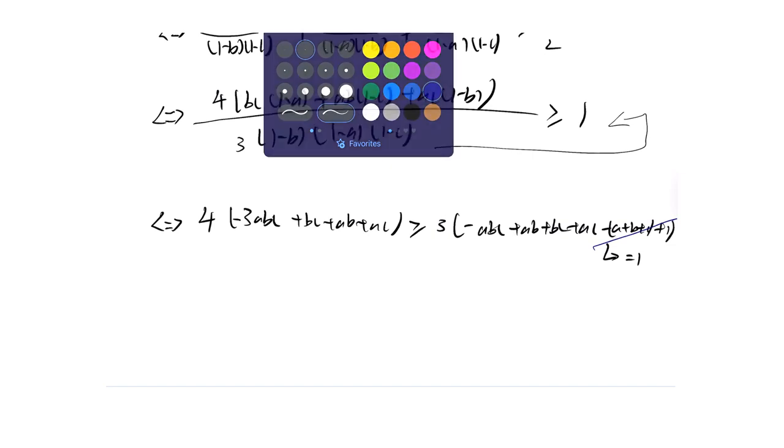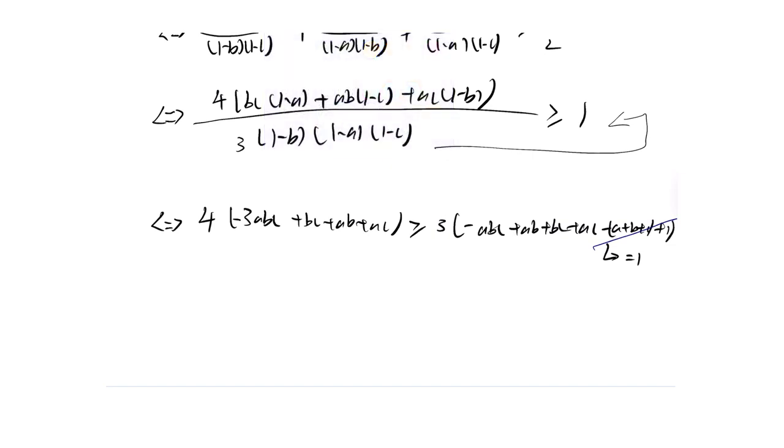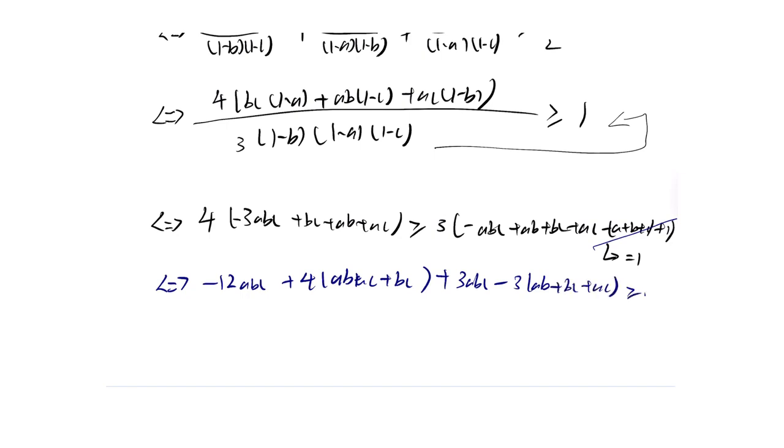Moving everything to the left hand side, we will have negative 12abc plus 4 times (ab plus ac plus bc) plus 3abc minus 3 times (ab plus bc plus ac) larger or equal to 0, and we will have ab plus bc plus ac larger or equal to 9abc.